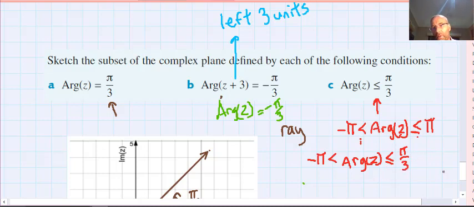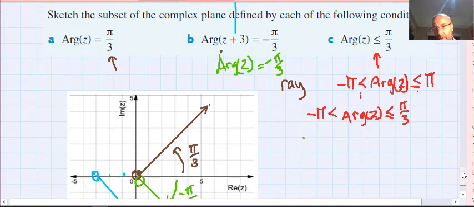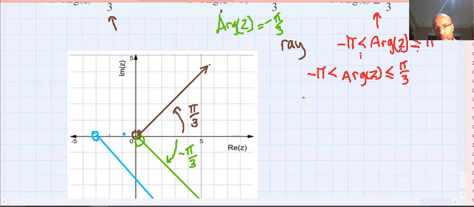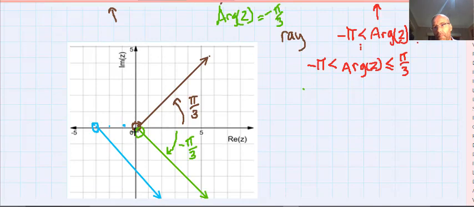So let's see what that does now that we've clarified that to our region here. First thing to note is that it does include pi on 3, and the second thing to note is that it does not include pi. So we're going to put a dotted boundary there.